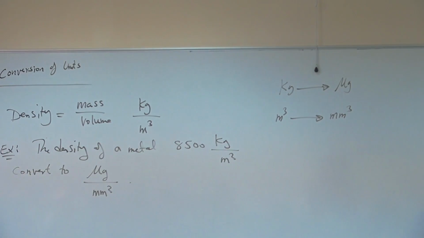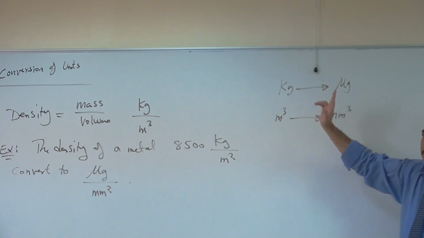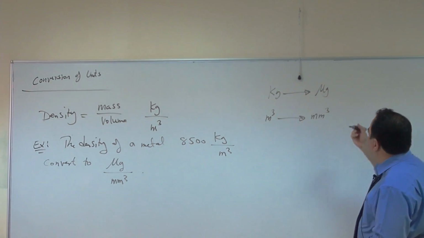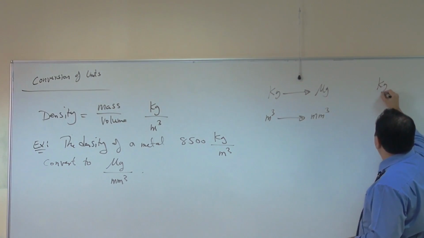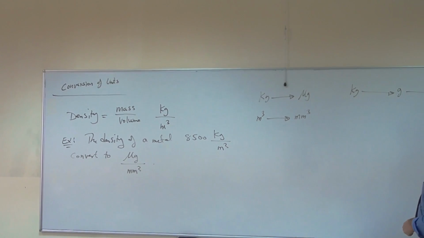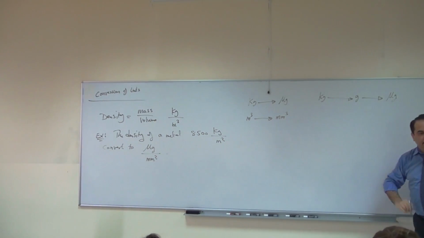Okay? So what you have to do next, think of the stages needed. To go from kilogram to micrograms, you need first to go from kilogram to gram, and then from gram to microgram. Okay?